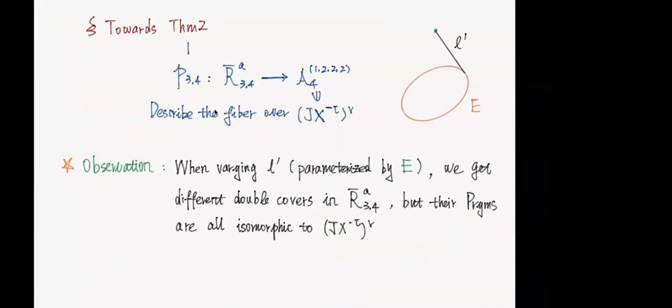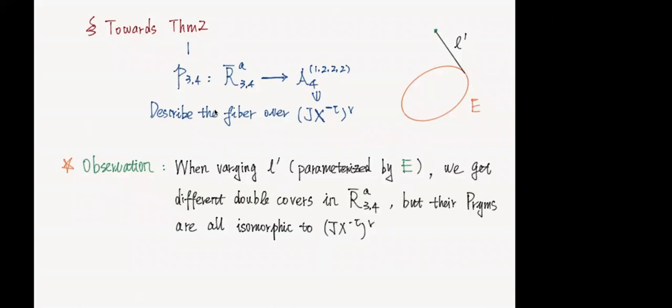Then let me try to explain how we prove this Theorem 2. Remember, Theorem 2 is about the fiber of this Prym map. Let's start with the following observation. Remember we have two types of invariant lines.